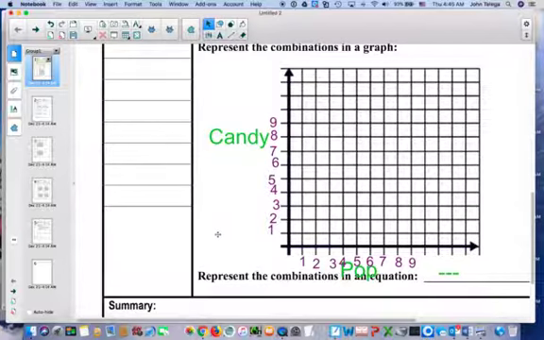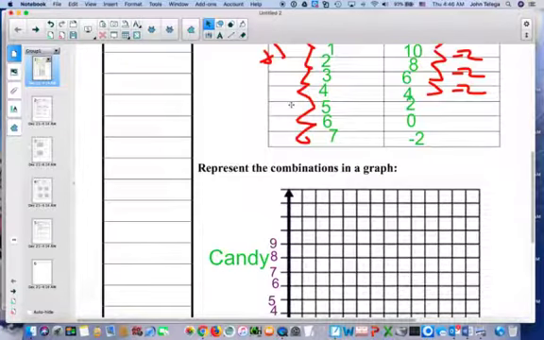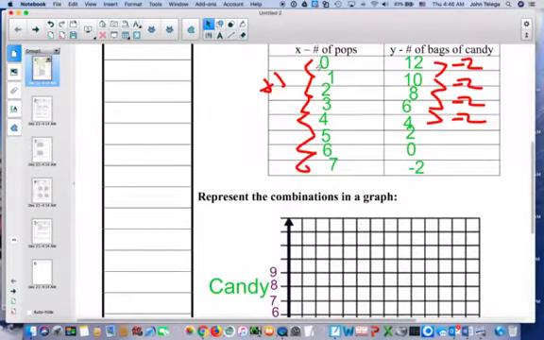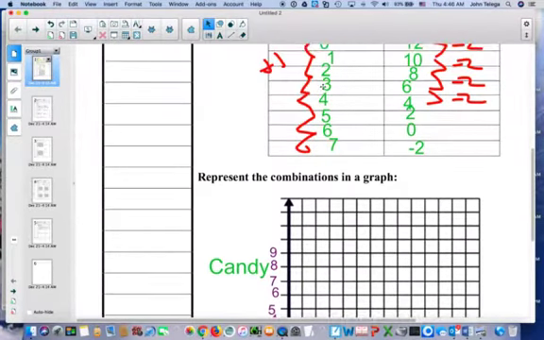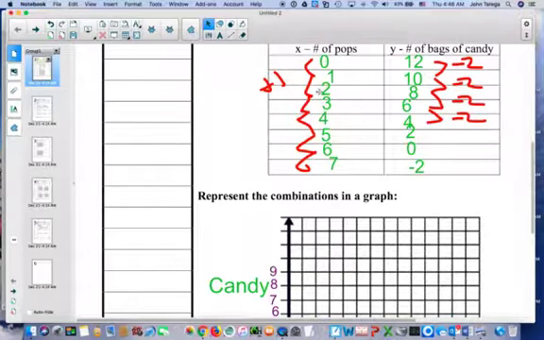Right. Well, so okay. So let's graph this. When we had ourselves 0 pops, that's our X, we had 12 bags of candy. Let's go back over here so that we fit on the graph.